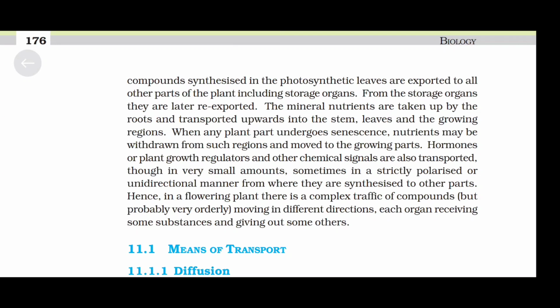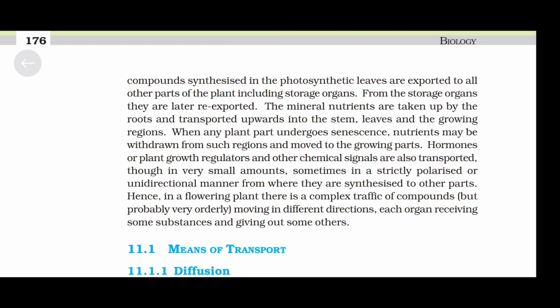The mineral nutrients are taken up by the roots and transported upwards into the stem, leaves, and the growing regions. When any plant part undergoes senescence, nutrients may be withdrawn from such regions and moved to the growing parts.